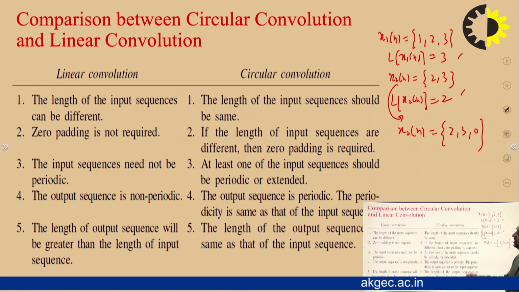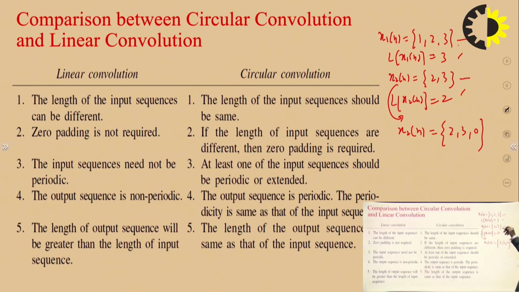The third point: in linear convolution, the input sequences need not be periodic. And in circular convolution, at least one of the input sequences should be periodic or extended. So to calculate the circular convolution between these two sequences, one of the sequences must be periodic. In linear convolution, the output sequence is not periodic.